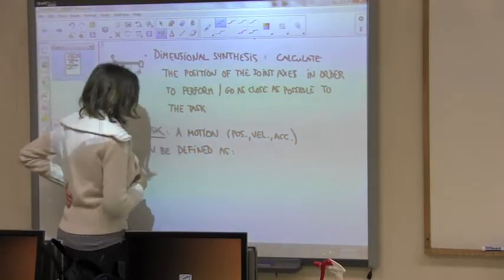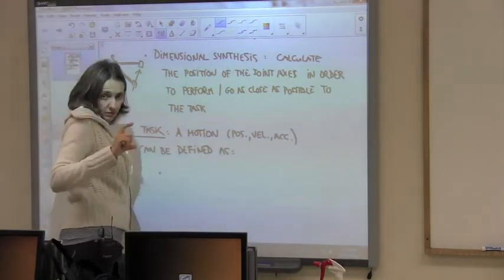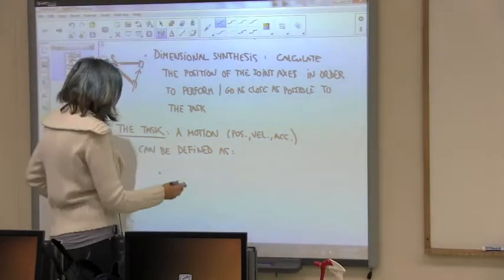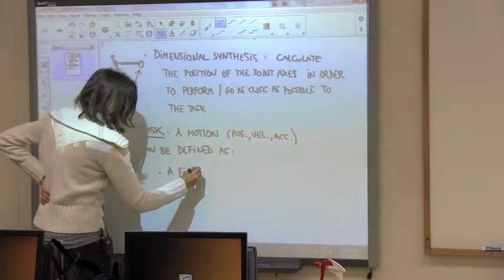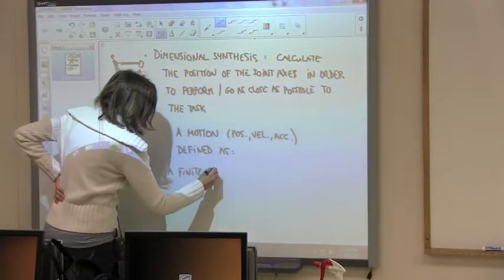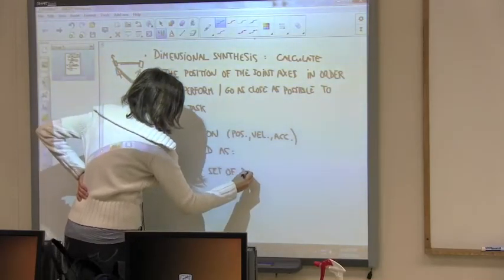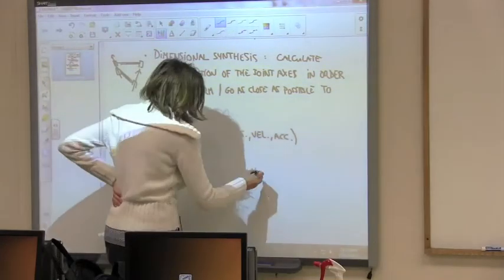As, first of all, a finite set of positions. Those are transformations from the fixed frame to a moving frame, basically. A finite set of positions, and this is called finite position synthesis. Right?